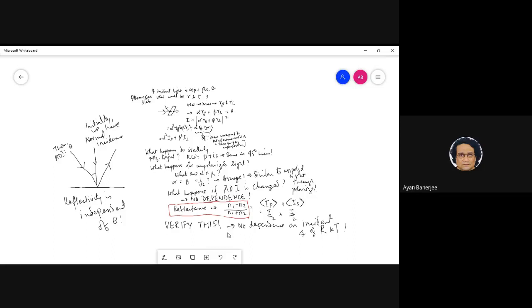And for unpolarized light, you are saying alpha and beta equal 1 by root 2, something like that. Can we do this simulation actually? What I'm saying is that whatever reflectance you get will be that given by the normal incidence relation. That is, the polarization will not play any role. You will just get it as a ratio of the two refractive indices.